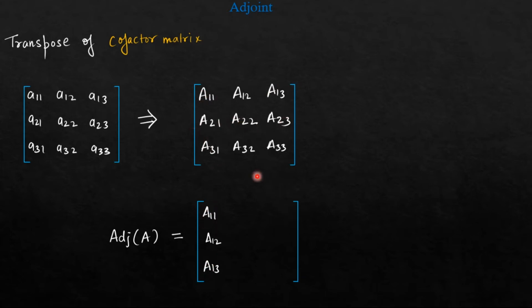Similarly, this row will convert into column A21, A22, A23. Similarly, this row will convert into column A31, A32, A33. So this is the adjoint of matrix A. So adjoint is very important when we talk about inverse of any matrix.